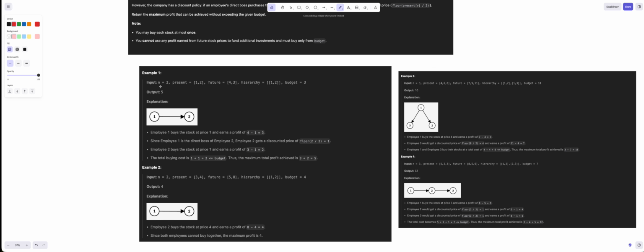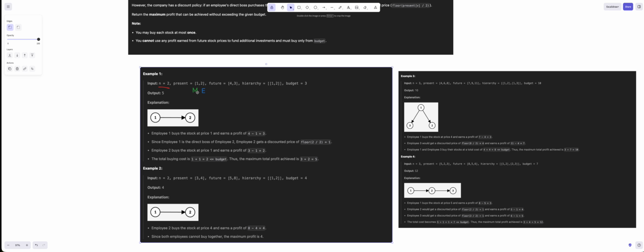Let's consider that we're given two employees here. The present price for the manager can buy. Maybe I will create some keywords so that we can keep track of it. I need to change to the blue color for the employee. So here's the manager and here's the employee price.